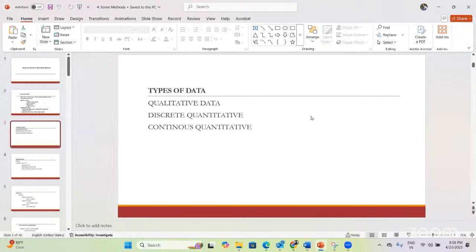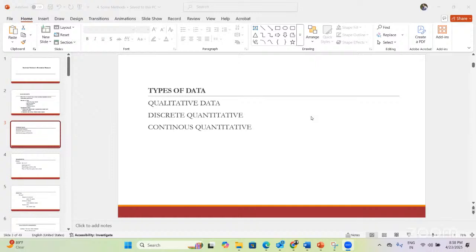So after having the data, we have to check which kind of data it is. It is qualitative data or it is quantitative data. Whenever we make a research plan, the question will ask which kind of information we are having for our study.